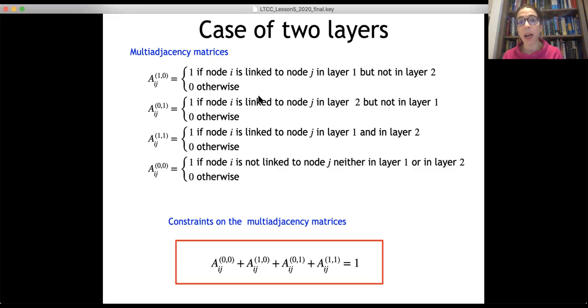A_ij(0,1) is 1 if node i is connected to node j in layer 2, but not in layer 1. And A_ij(1,1) is 1 if node i is connected to node j both in layer 1 and in layer 2. And of course, if you sum all the multi-adjacency matrix entries of every type of multilink, always taking the element between the same pair of nodes, you should have that only one type of multilink connects any 2 nodes. So only one of these quantities is equal to 1 and all the others are 0.